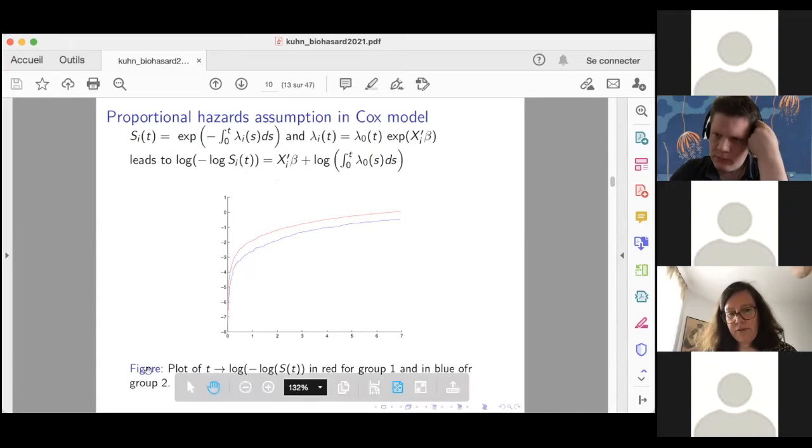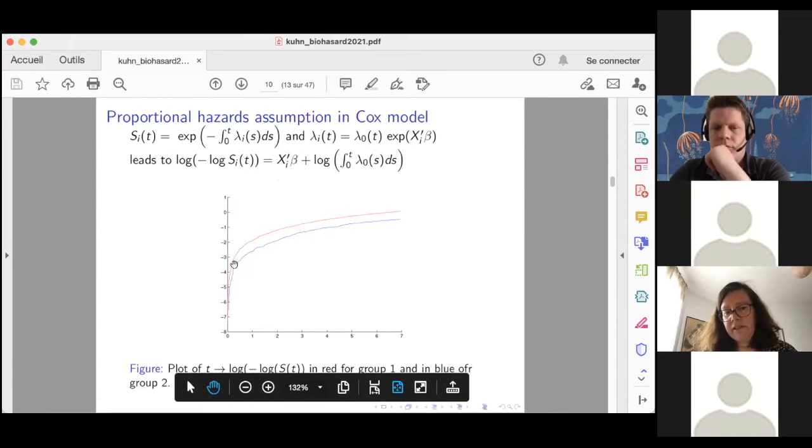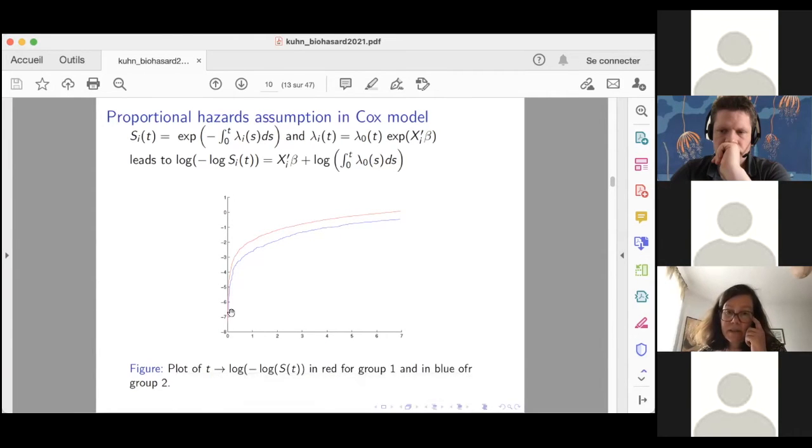If I do the plot for the two groups, you can see that you just have a shift between the two curves, and this is inherent to the Cox model, and it can happen that your data didn't check this assumption. So in particular, if you have heterogeneous data, you may switch to another model, and there are a few ways to consider this.